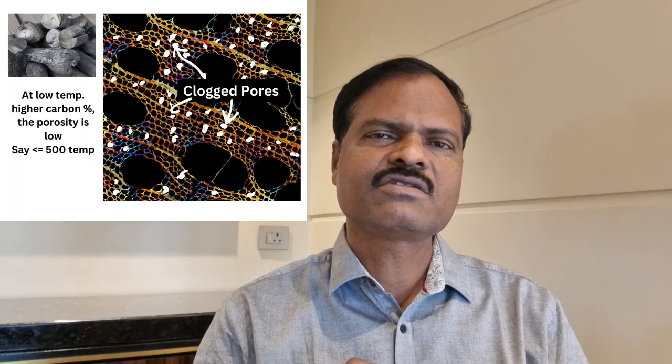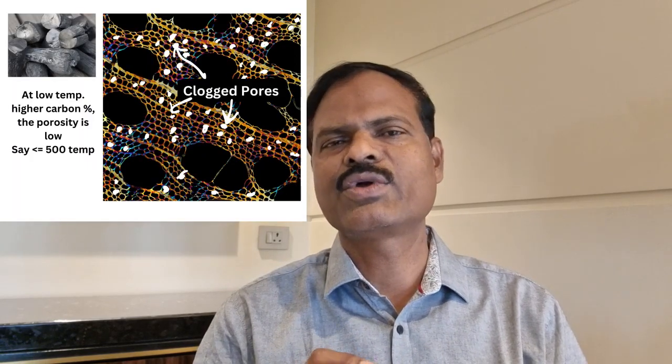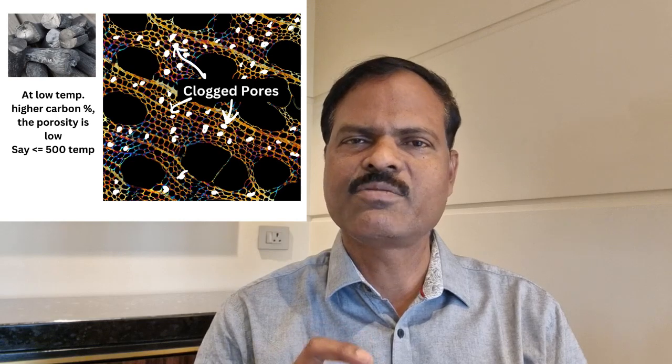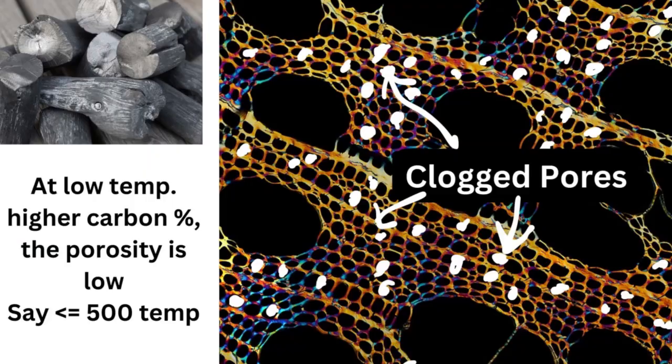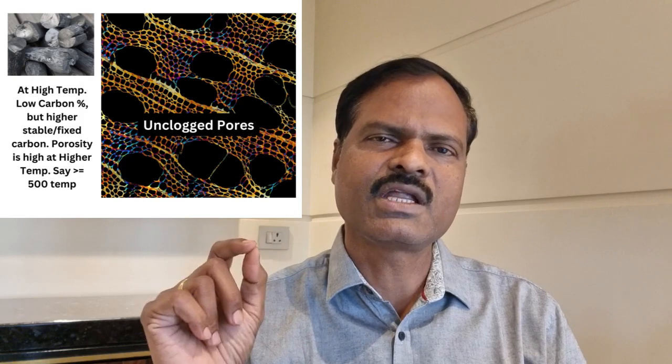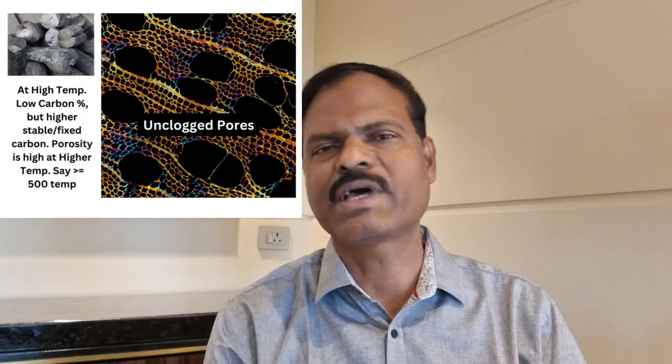Biochars that are produced from various feedstocks have different carbon percentages, that is, fixed carbon. At lower temperatures, even for the same feedstock, the total percentage of carbon is very high, whereas the percentage of carbon is low for higher temperatures of pyrolysis.